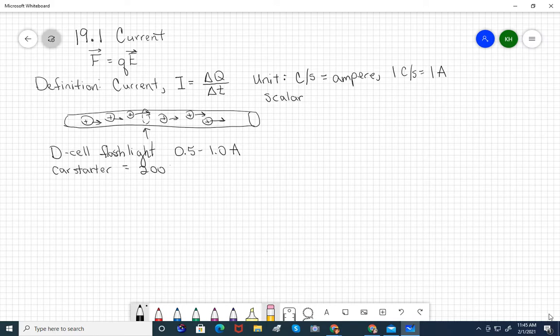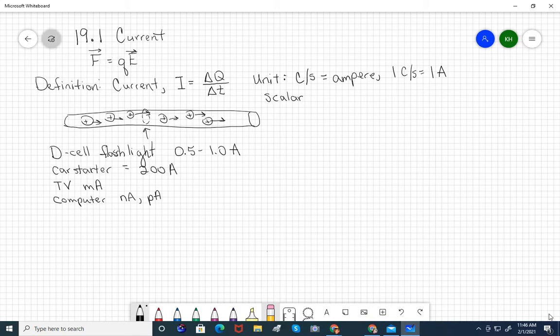That can be very dangerous. Things like television sets, computer monitors, they're going to have something in the range of milliamps. If you want to think about your computer, your smartwatch, all of those things, you're probably talking about nanoamps or picoamps, very, very small currents.